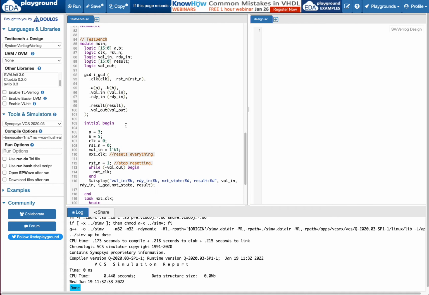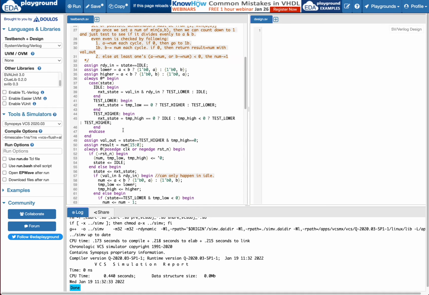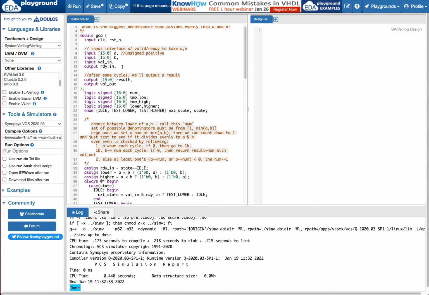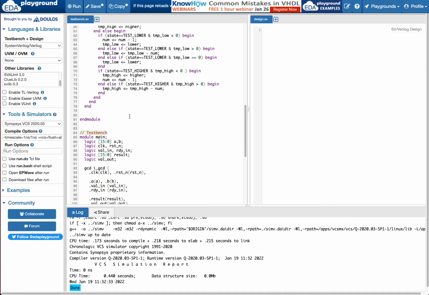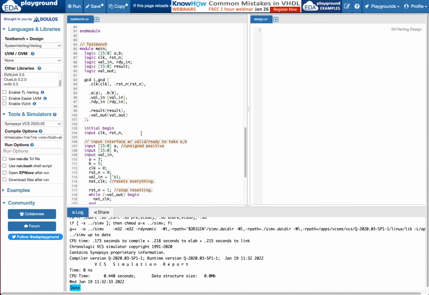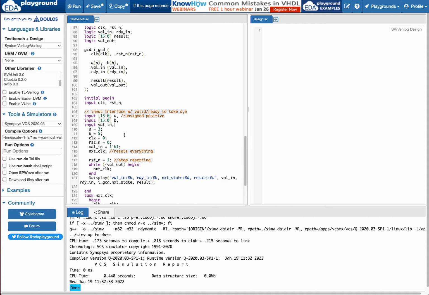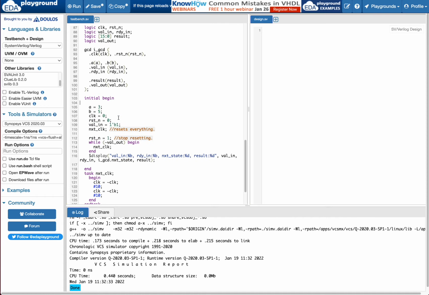What are all the inputs and are they all defined? AB is defined, clock is defined, reset is defined, and valid in is also defined. So I think we are all good to test here.